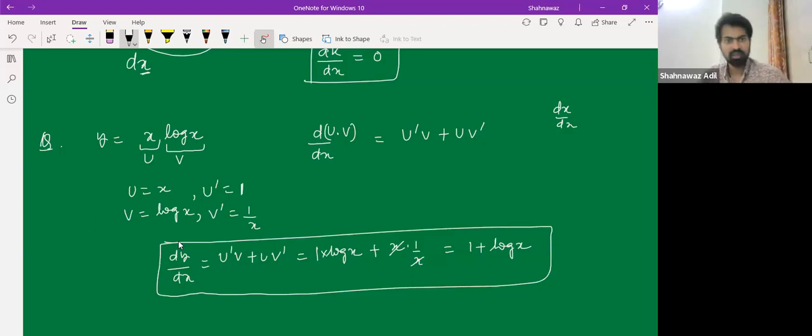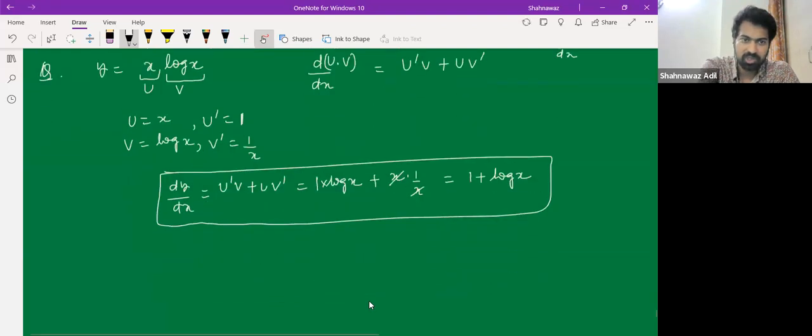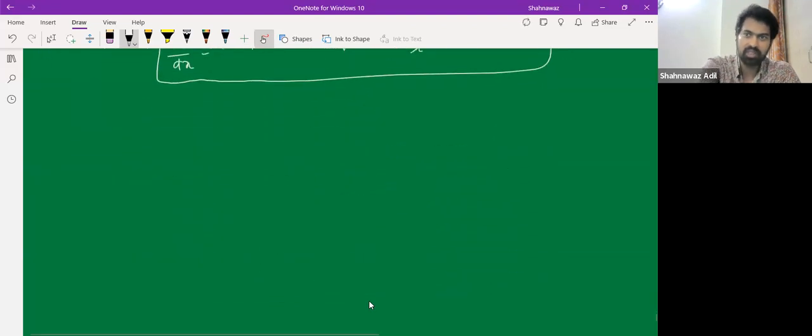Is that clear, guys? That is how we mix up the different functions and calculate the differentiations. Okay, so let me write a couple of questions first and then I will move on to the integration part. So you guys just write these questions.